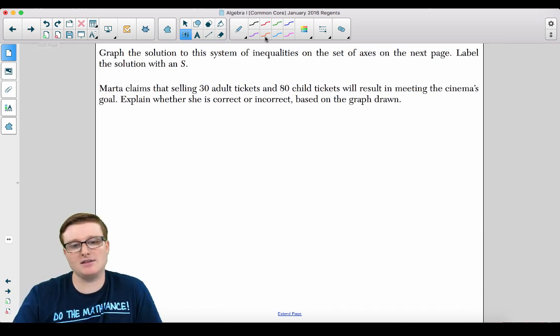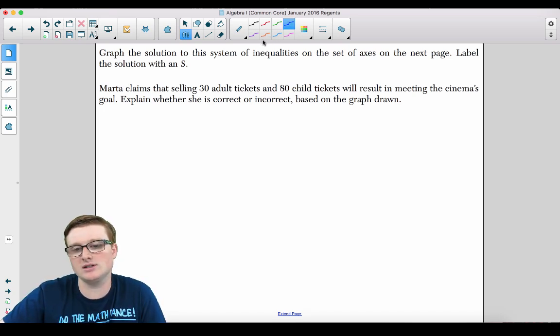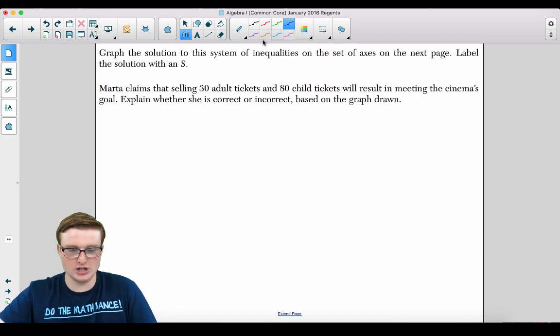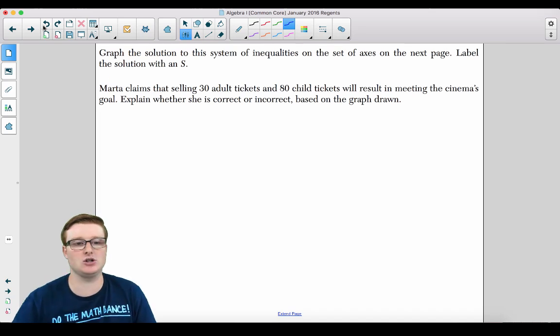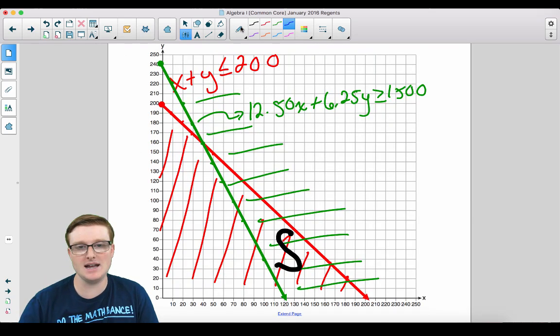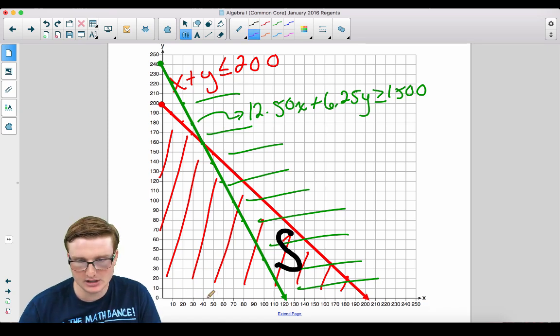Marta claims that selling 30 adult tickets and 80 child tickets would result in meeting the cinema's goal. Explain whether she is correct or incorrect based on the graph shown. So she says 30 adult, 80 child. Well, if we take a look here, 30 adult, because adults are down here.